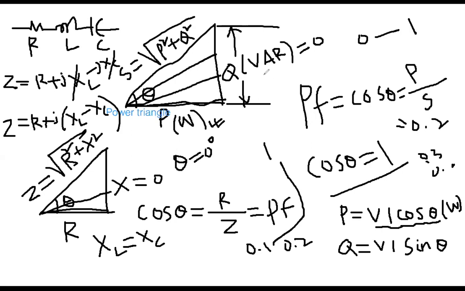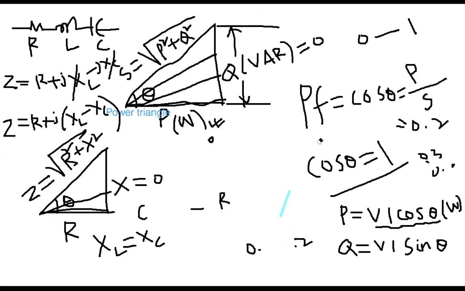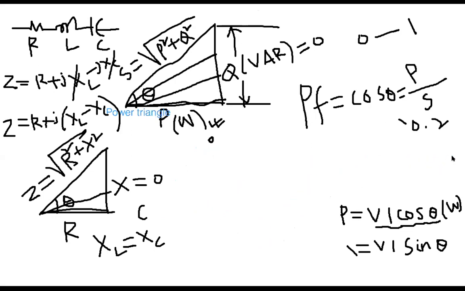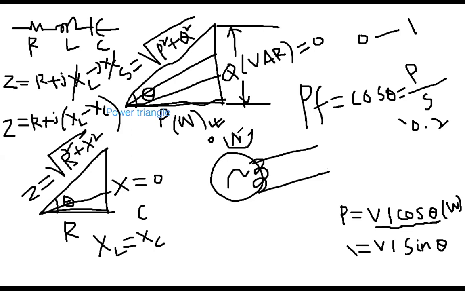But then the question is why am I dealing with Q? Because in the circuit, I have the L. You cannot avoid L. Let me tell you, originally in the system, probably you remember at the very first I was telling you how to produce the power. You have a coil, for example. If you have the coil and if you have a magnet, if you move the magnet or if you move this coil, then you will get the voltage here.